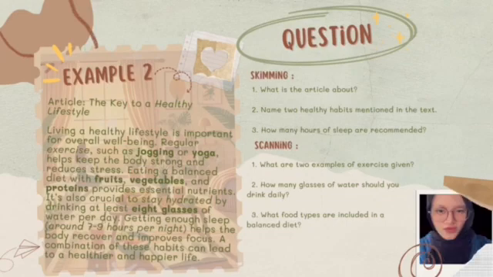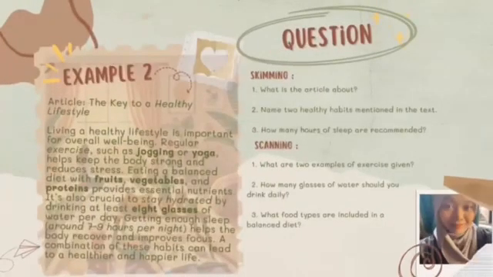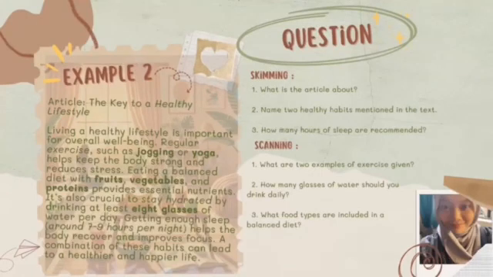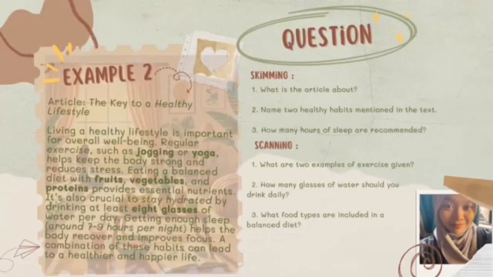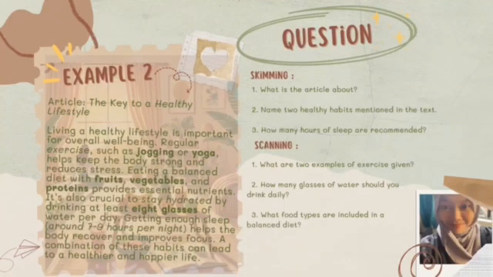Now, let's see how we can use scanning for this example. Now, let's practice scanning for this article. Here are some questions you can answer by scanning the text. 1. What are 2 examples of exercise given? 2. How many glasses of water should you drink daily? 3.